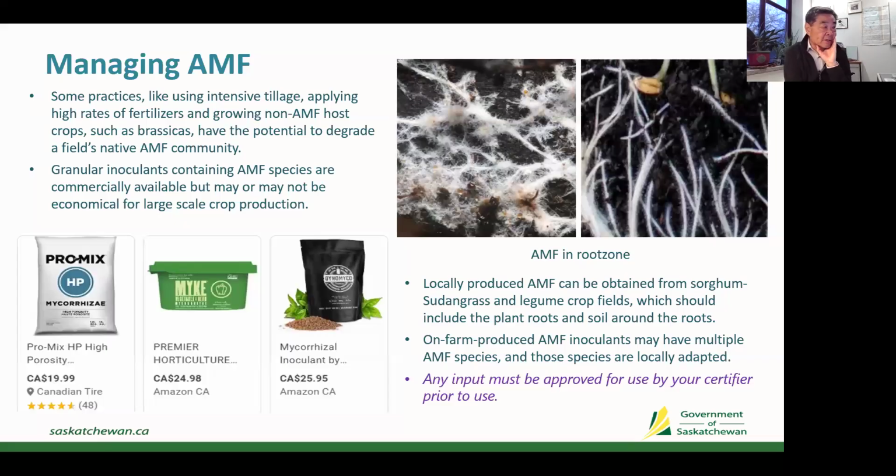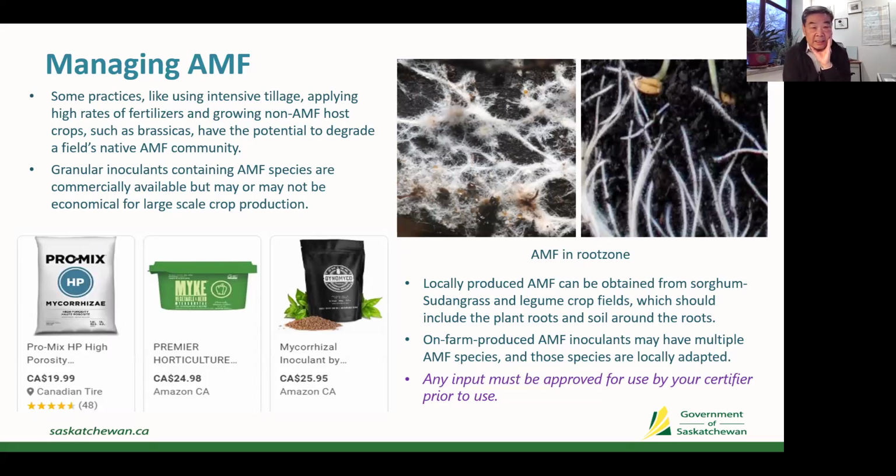In the past several years, granular inoculants containing AMF species have become commercially available, but may or may not be economic for large-scale crop production at this point in time. Here are some examples; Canadian Tire and Amazon all sell these things. Some farmers use them to inoculate their seeds.